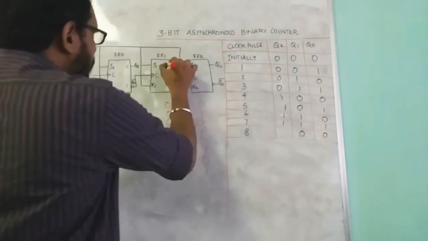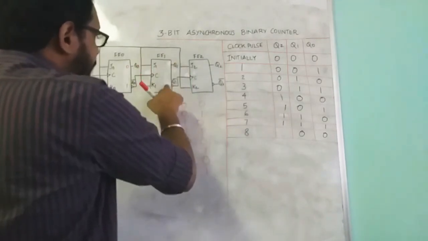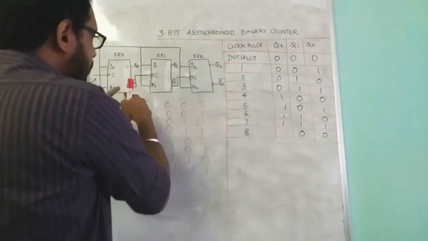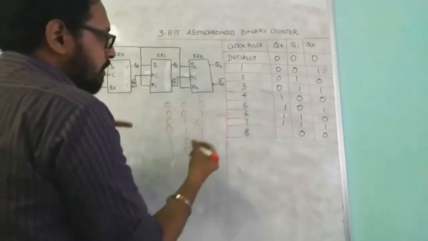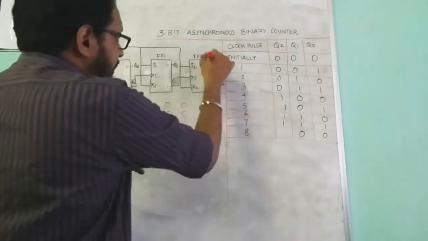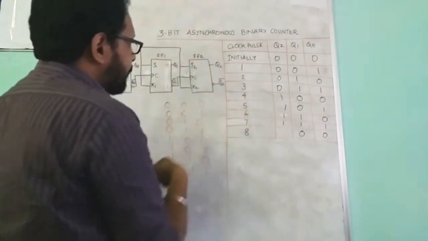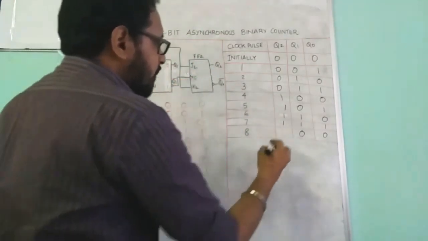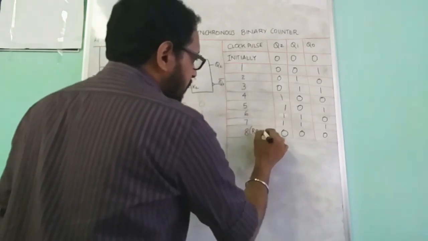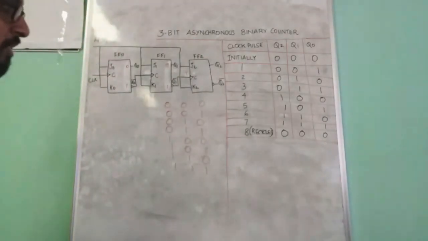Now the bar of Q1 is 1. This 1 reaches here, again a change in flip flop 2. What was the value of Q2? It was 1. As 1 reached there, it becomes 0. So it recycles. Got it? This is how we find the answer.